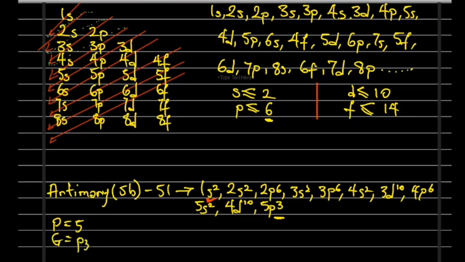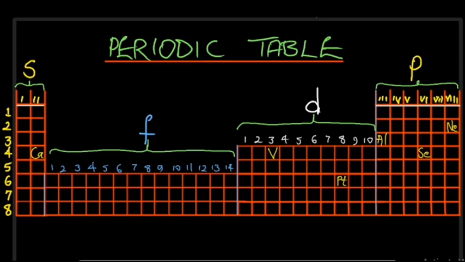So period 5, p block, the third port. That is where we have our antimony, SB.